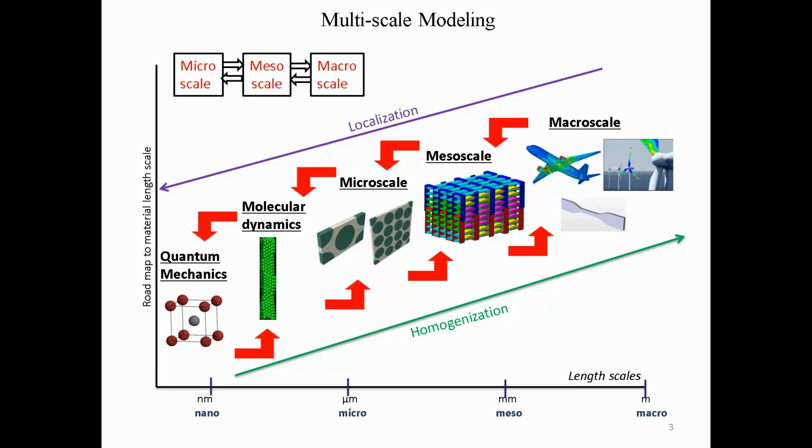For example, in this slide you can go all the way from the quantum scale to molecular dynamics, micro, meso, macro. So there are different length scales you can be interested in, but for this particular study I have focused on 3 different length scales, and that's why it is called a multi-scale framework, including all those microstructure details. So I'm going to talk about the multi-scale also.